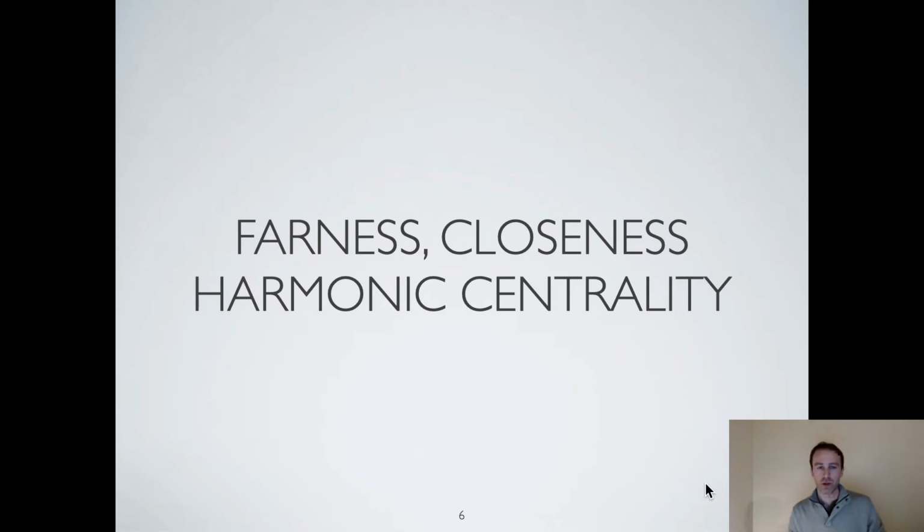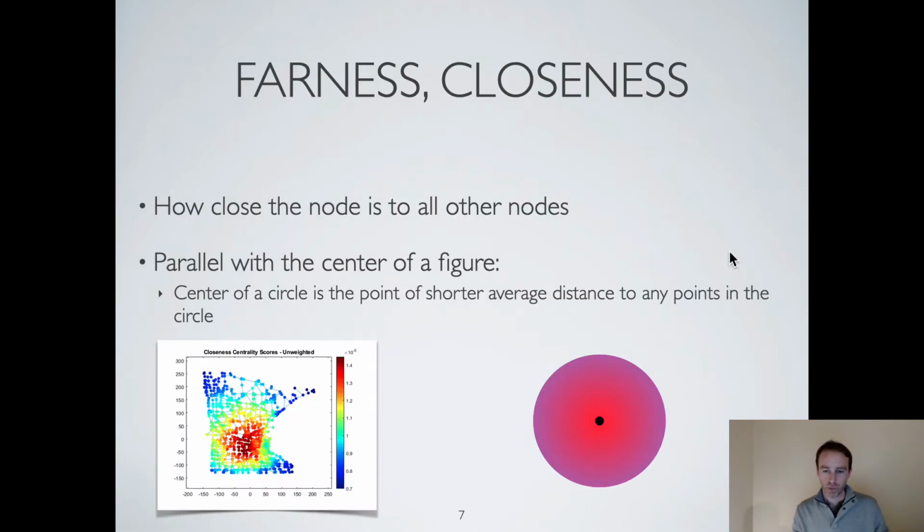So now I will introduce some new centralities, and the first one is the farness and closeness. This one is really a notion of being in the center of a graph. Okay, it's the one which really corresponds to this notion. You can understand it as follows. If you see the picture of the circle, we know that in a circle, the center of the circle is the node which is closer on average to all the rest of the circle.